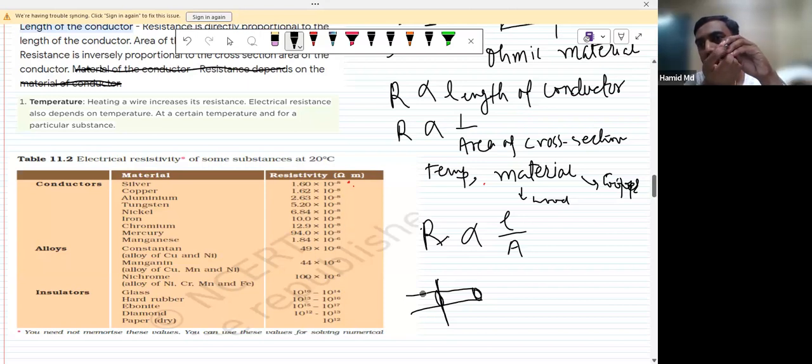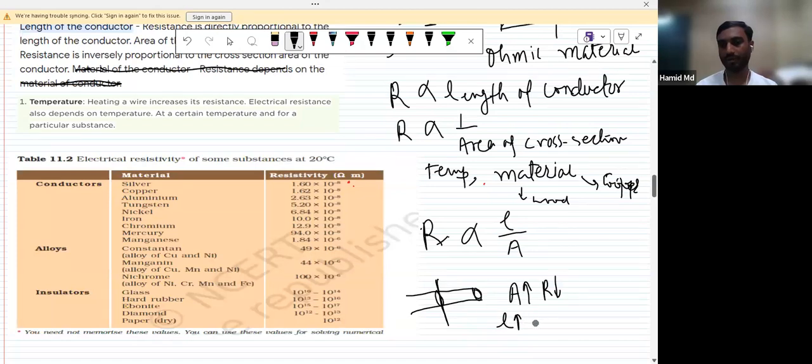Yes, sir. So as the area of cross section increases, resistance will decrease. As L increases, resistance will increase. This is the direct proportionality and this is the inverse proportionality.